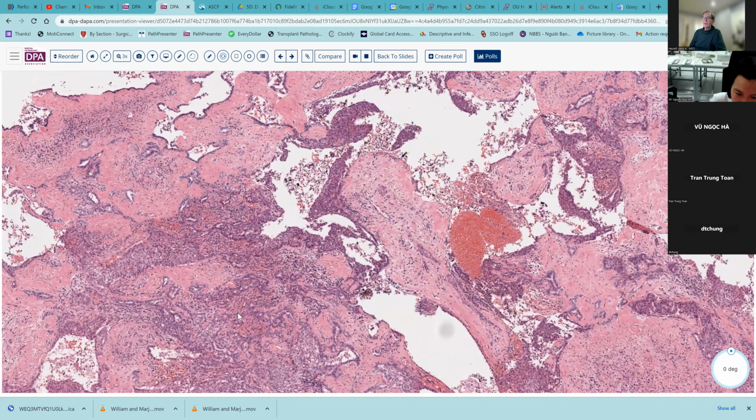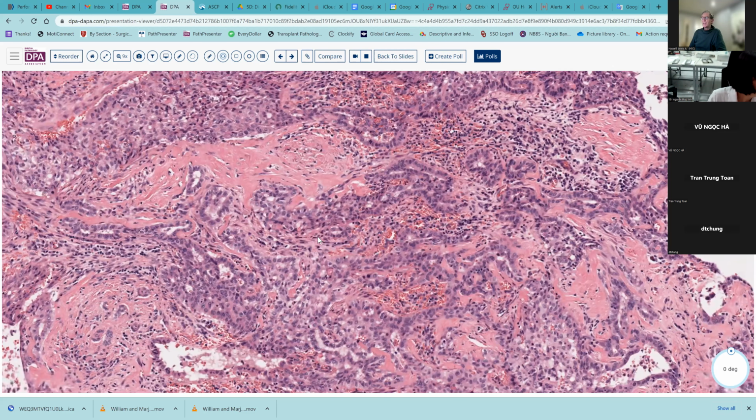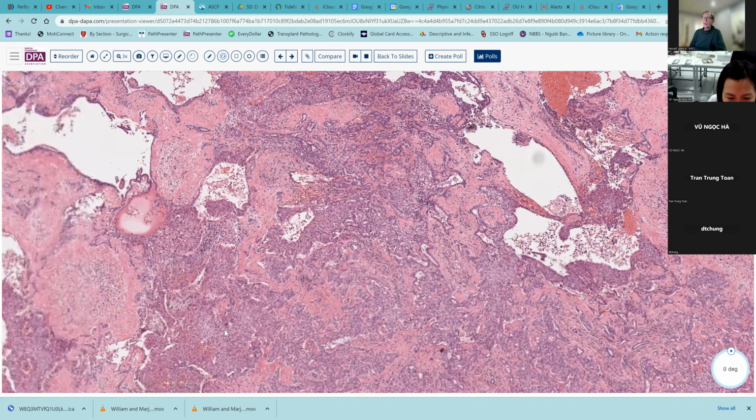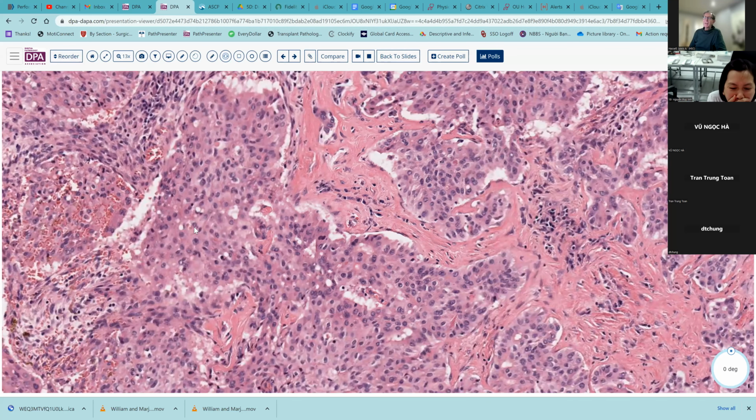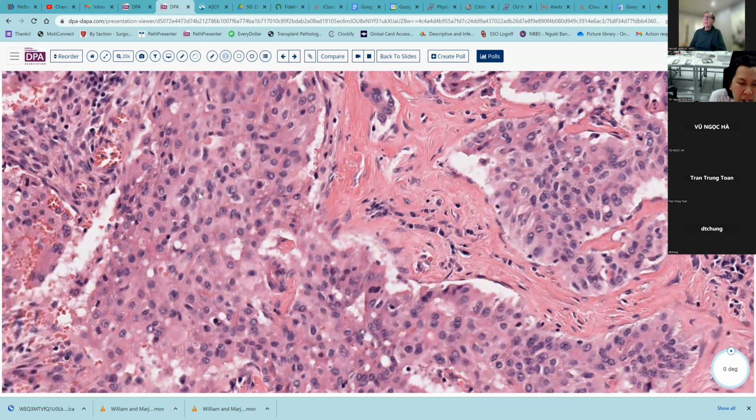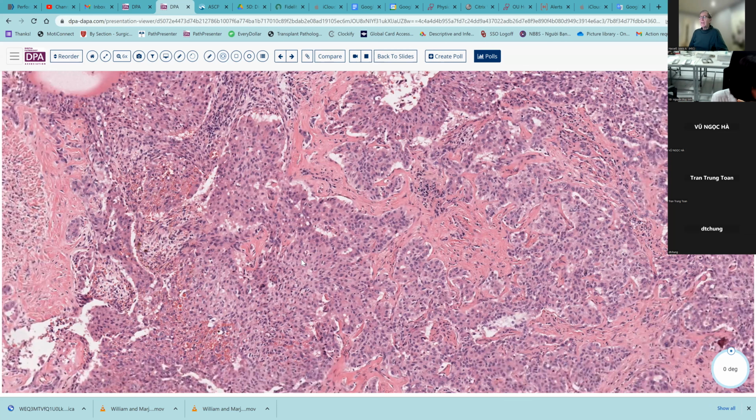Here you can see more confluent glands, more solid appearing tissue. So I think this is one of these combined cholangiohepatocellular carcinomas. And here you can see this more hepatoid appearance to the tumor cells. Abundant eosinophilic cytoplasm, as you can see, somewhat oncocytic. So that's another pattern that you can see.